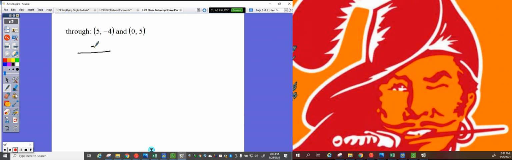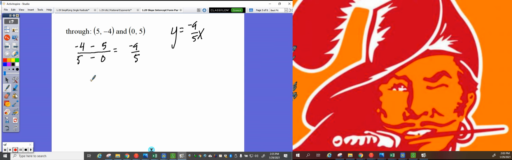Find the slope. Subtract the y values. We have -4 and 5 over 5 and 0. This gives me a slope of -9 over 5. So again, we know that we're going to have -9 over 5x. We need a y-intercept.